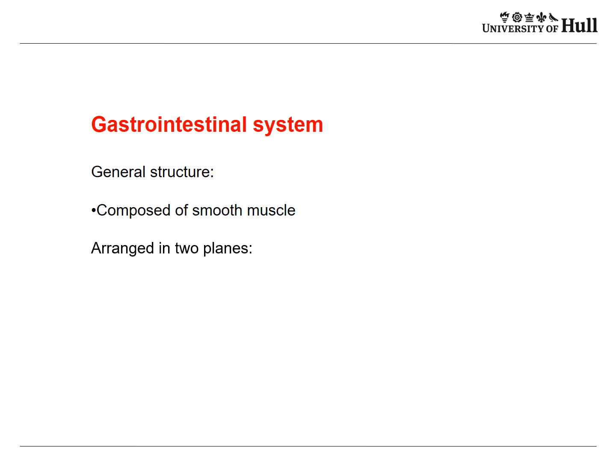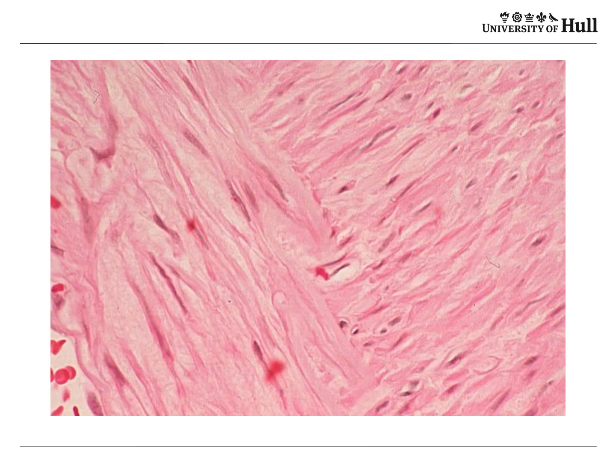The smooth muscle of the gastrointestinal system is arranged in two planes, one longitudinal and one circular. So if you take a section, as shown in this electron micrograph, through the wall of the gastrointestinal tract, you'll see that the section cuts through the ends of some fibres which are running in one direction, and you can see the other fibres on the left running in the other direction.